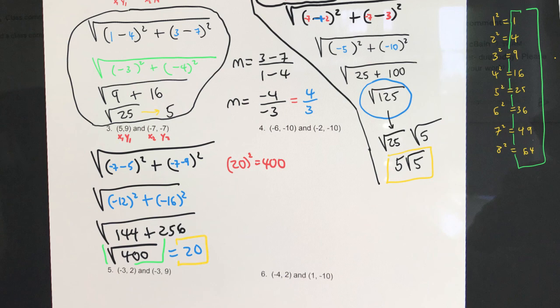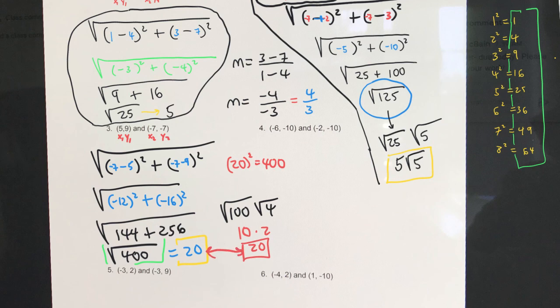Let's say you had radical 400. You could have split it into the square root of 100 times the square root of 4, right? Let's say you wanted to take that and split it apart in the same way that I kind of did over here. Well, the square root of 100, what's that? That's 10. The square root of 4, what is that? 2, right? So that could have also been 10 times 2, which would have given you 20, which, oh, look at that, that's the answer.